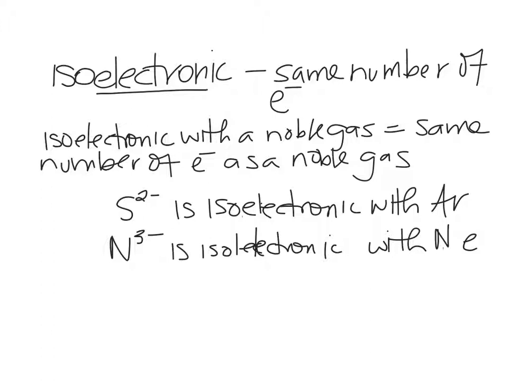Krypton. You go back 2. Okay? So it goes to the previous row's noble gas. So strontium 2 plus is isoelectronic with krypton.